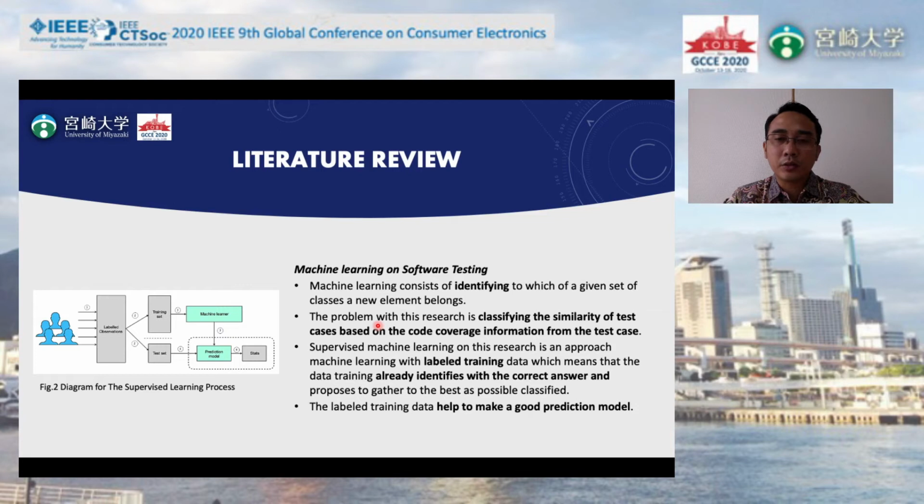We use supervised machine learning in this research with labeled training data, which means that the training data is already identified with the correct answer, so the model can classify as well as possible. The labeled training data helps to make a good prediction model.